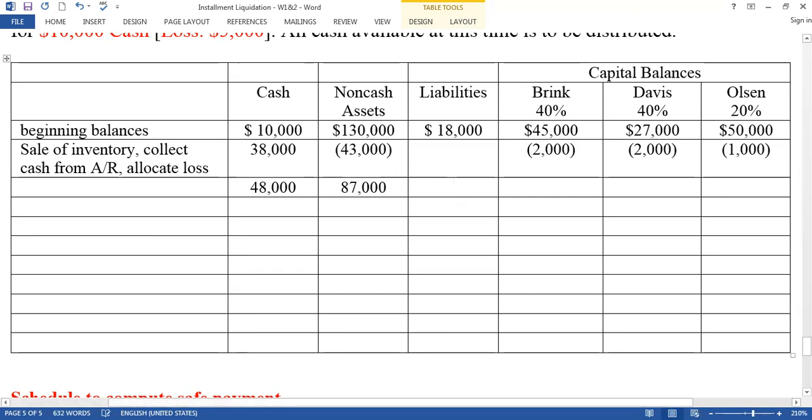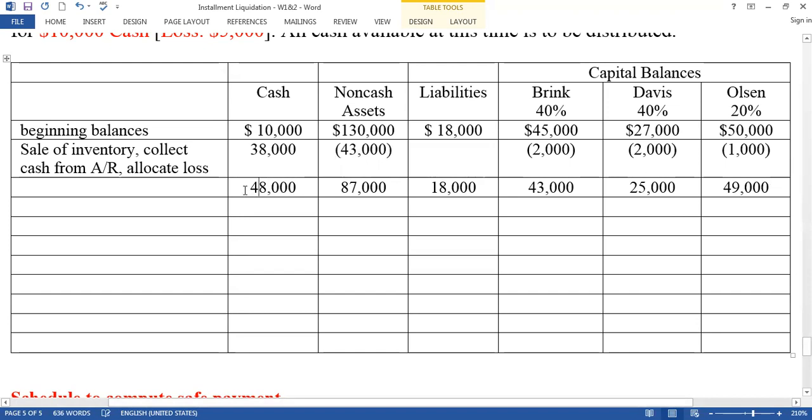We have liabilities of $18,000. We have capital of $43,000, $25,000, and $49,000. This is the balance now.